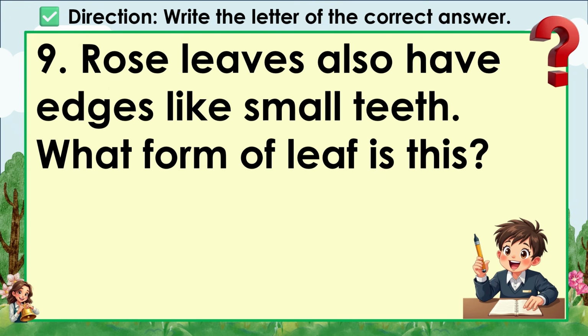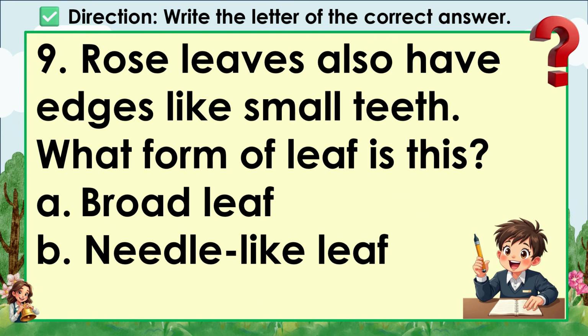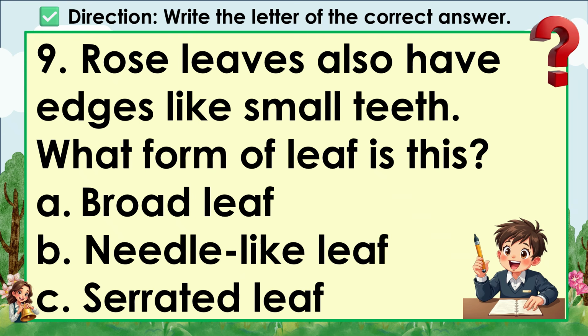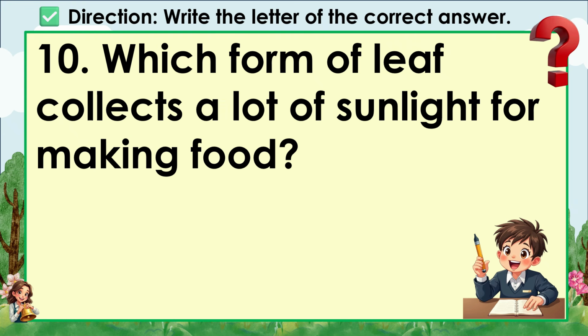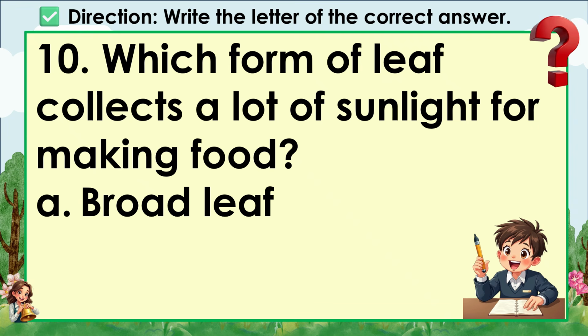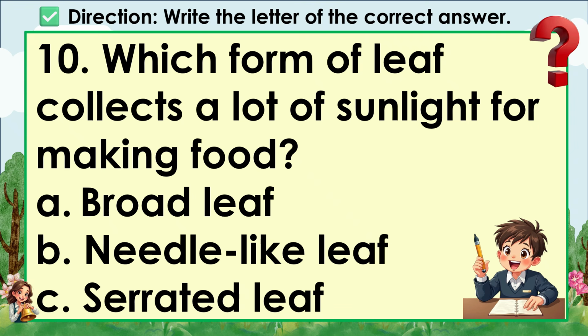Rose leaves also have edges like small teeth. What form of leaf is this? A. Broadleaf. B. Needle-like leaf. C. Serrated leaf. 10. Which form of leaf collects a lot of sunlight for making food? A. Broadleaf. B. Needle-like leaf. C. Serrated leaf.